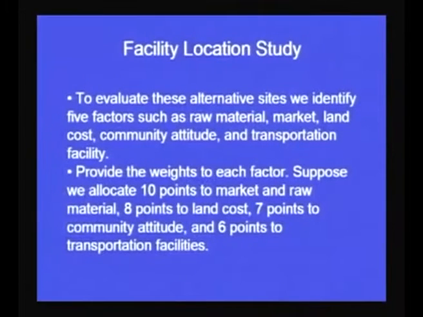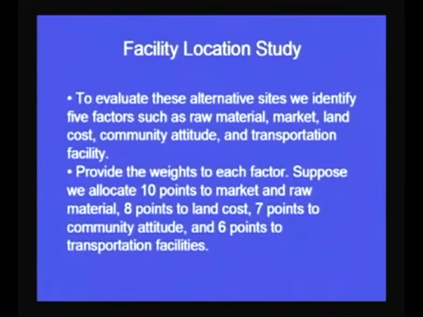like the 3 choices that we have, we identify 5 factors on the basis of which we are going to solve this facility location problem. To evaluate these alternative sites, there are 3 alternative sites, as I have already told when we studied the problem in the previous slide.